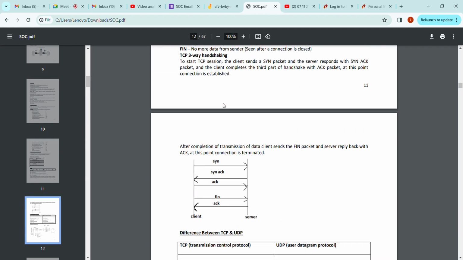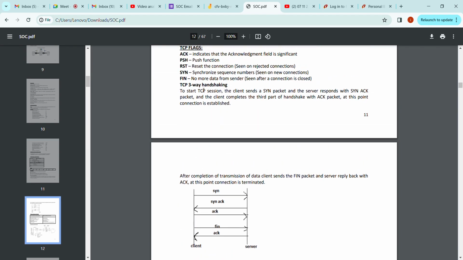So the TCP three-way handshake covers how the connection will start, which is what we will understand, because this three-way handshake is a very important method, or thing, which we need to understand, because this helps us to carry out all the containment activities in real time, or when you're doing SOC operations.